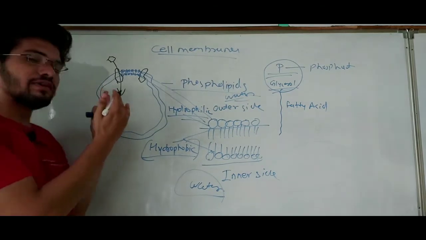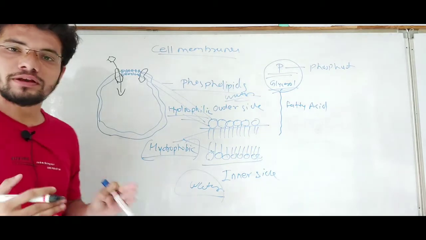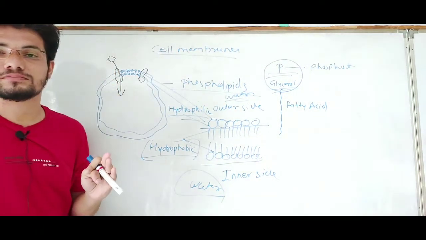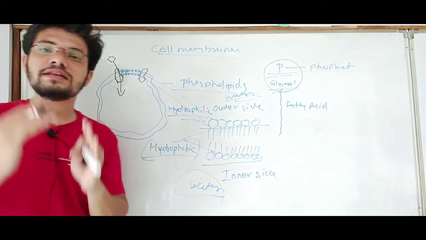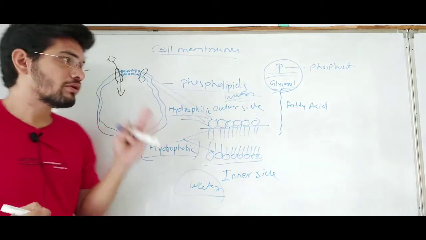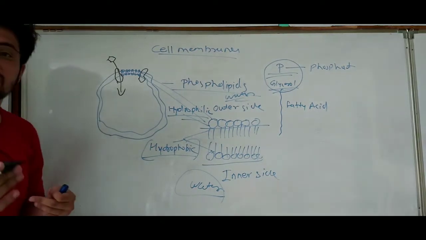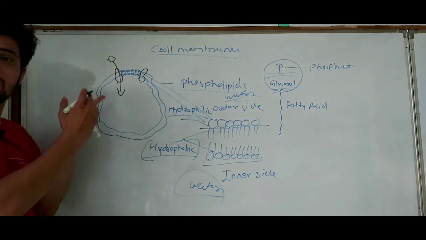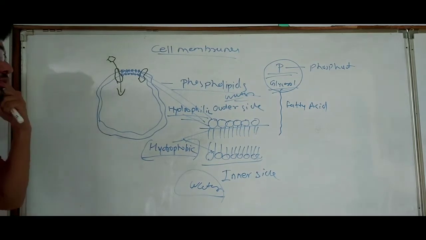These proteins act like a door, and only particular types of molecules are allowed inside. That's why the cell membrane is known as selectively permeable: particular molecules enter, and particular molecules or gases go out across the membrane. This is the function of integral proteins.